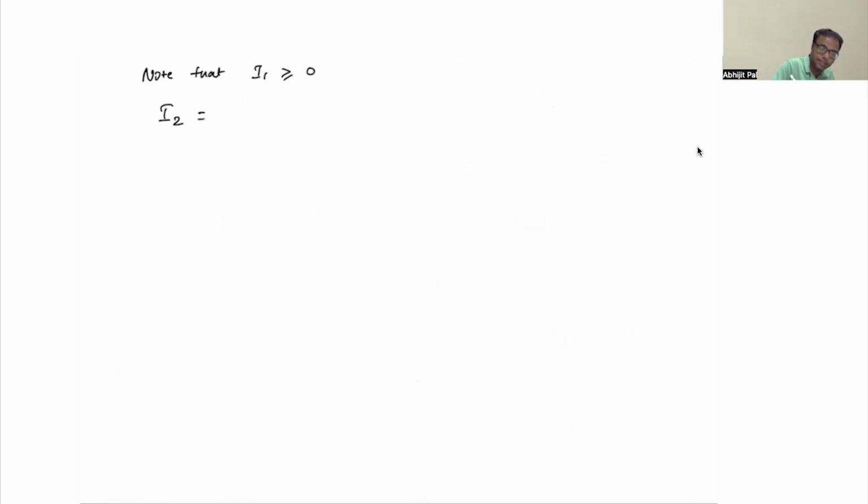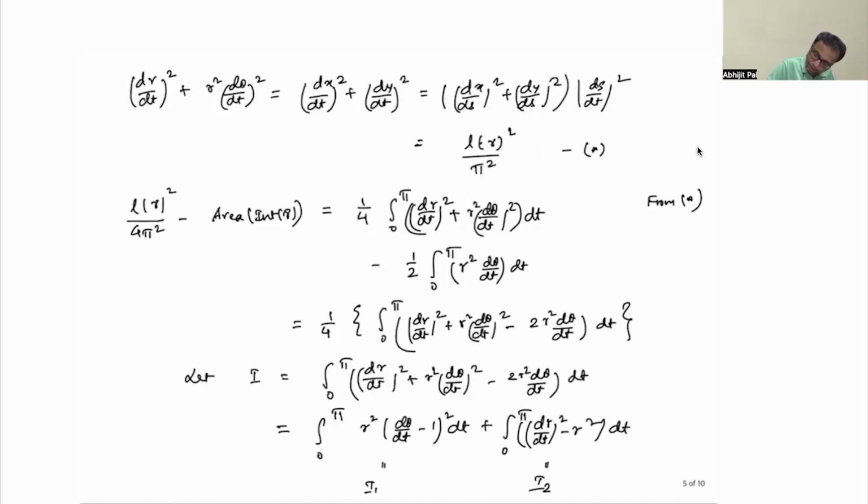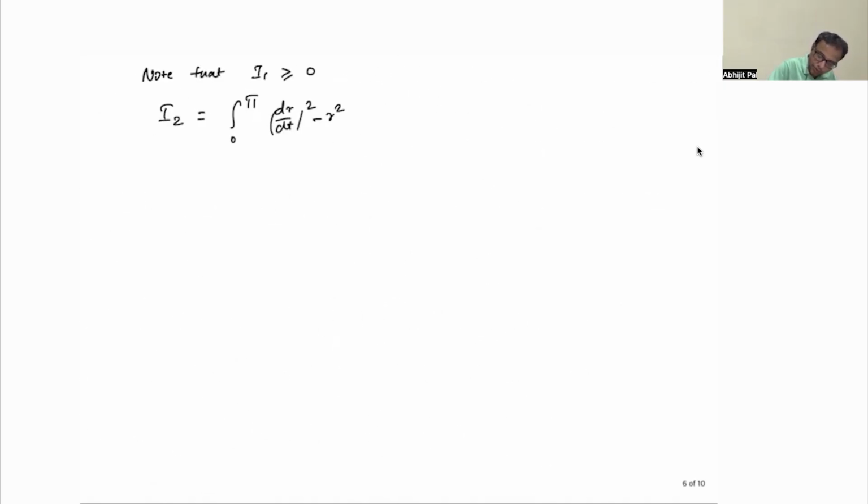Here we apply Wirtinger's inequality. I2 is the integral 0 to pi of (dr/dt) square minus r square dt.